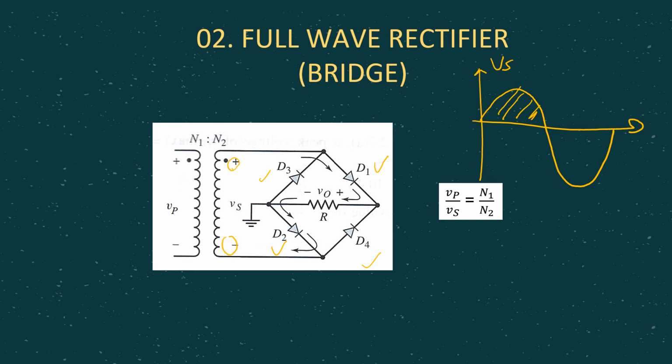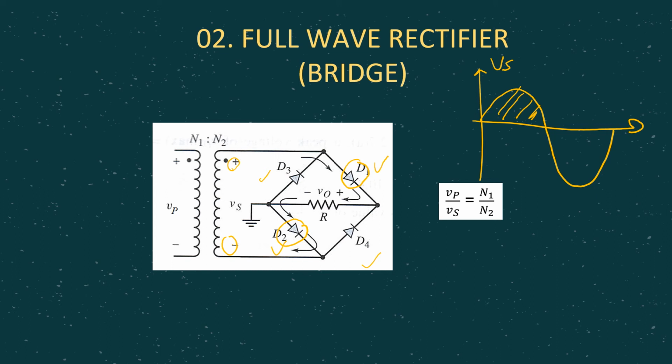At that time you check, if Vs is positive and negative, D1 will be on as well as D2 will be on, because positive goes to the positive terminal of the diode, negative goes to the negative terminal of the diode.